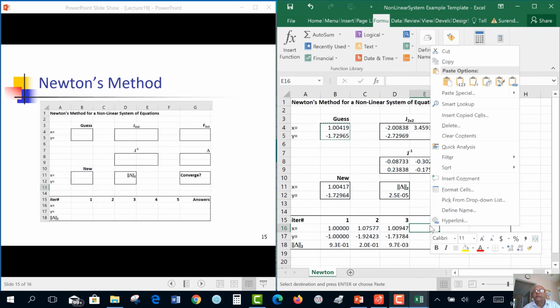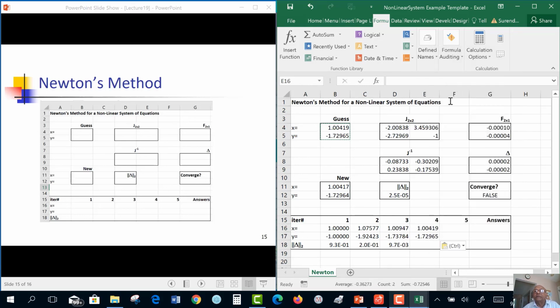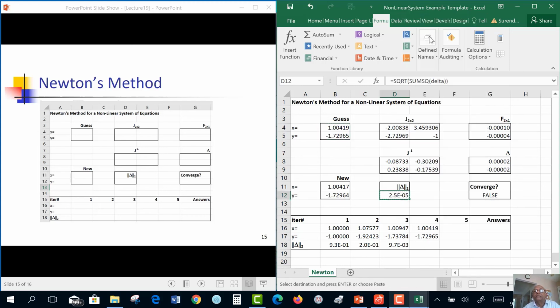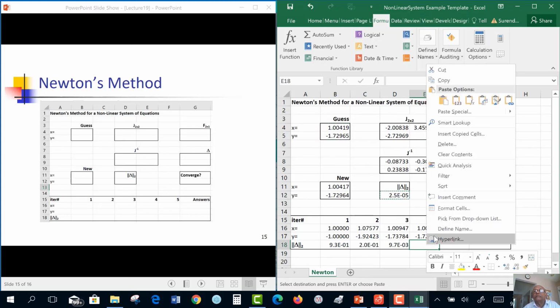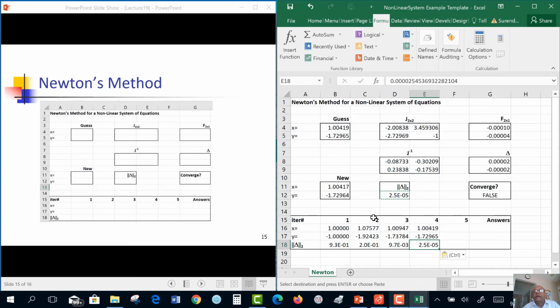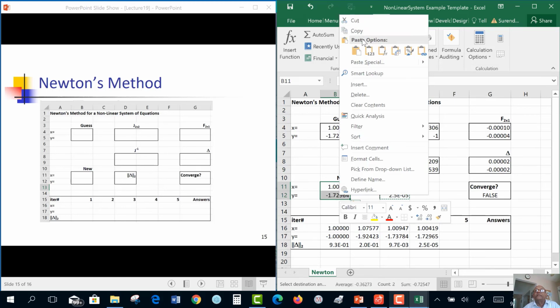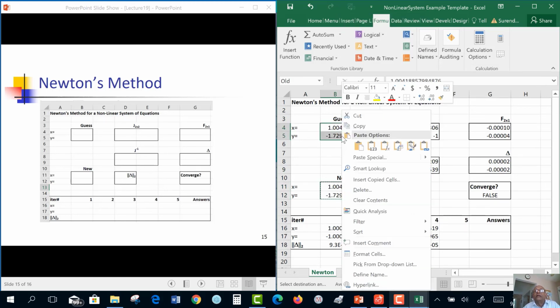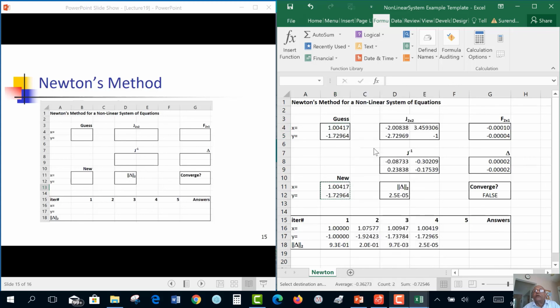Copy this. Oops. All right, next guess. Now when you do this lab, I'm going to have you create a macro so you don't have to do this copy paste.